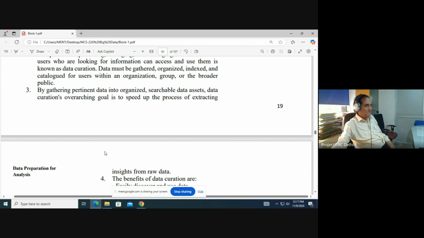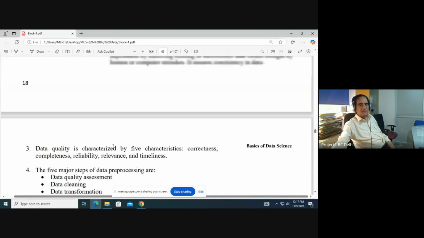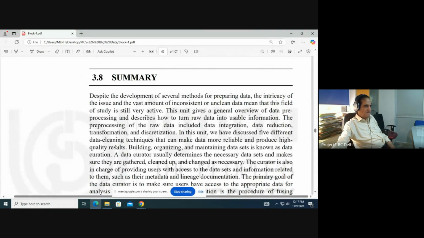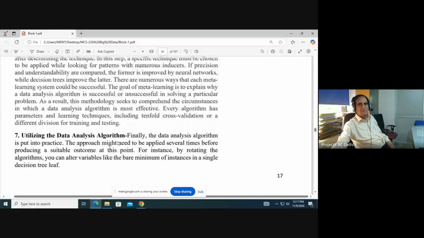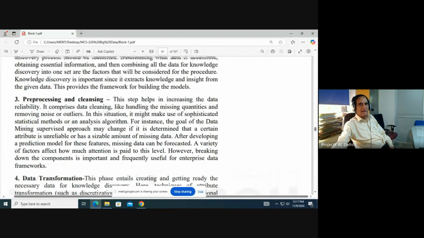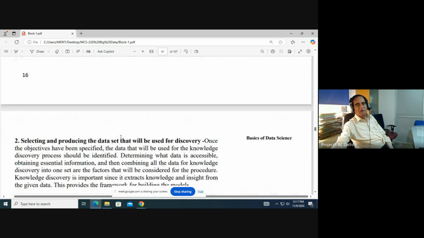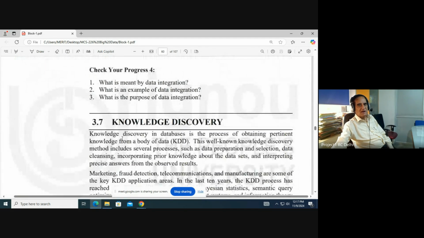If you have any question, please. Any question? Any question out of these 3 units? Any question, please? No? You will read it and tomorrow you will ask questions, right?